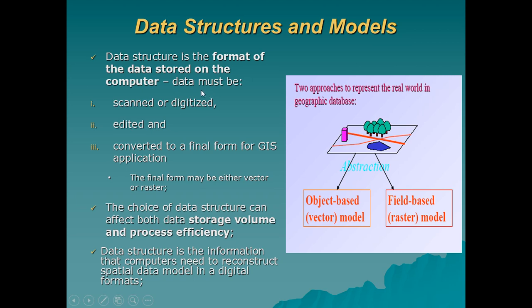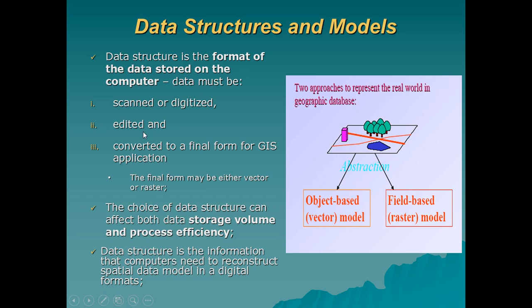So we know that firstly the data must be scanned or digitized. If you get your data in, for example, a paper format, you have to convert it into that digital format before you can integrate it with your GIS. Once you've done that digitization, you need to make room for editing, because any conversion, as we've said before in a previous lesson, propagates error.